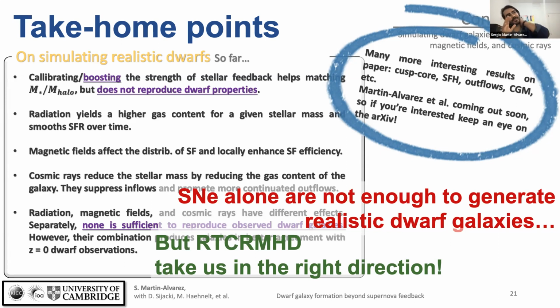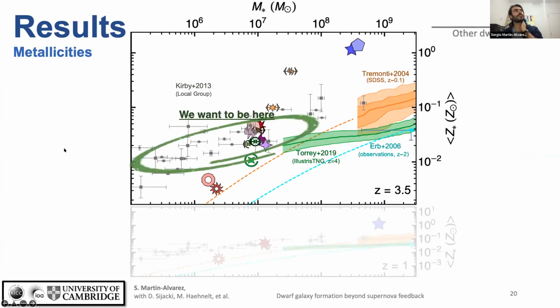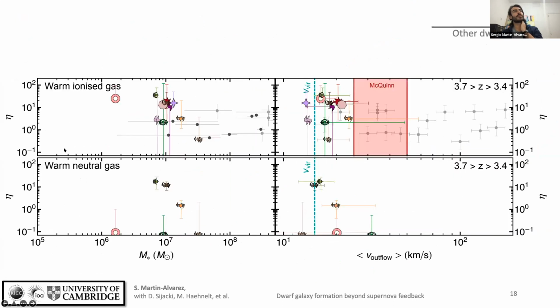Right. There are a lot of models in here, but in general, what we find is that the outflows, the galactic winds, the winds that we find ejected from the galaxy, tend to be very similar across the different runs. Perhaps the most interesting result for the winds is when we have radiative transfer. Because what we find is that the outflows in general tend to be very similar across all of our different runs. They're mostly hot outflows.